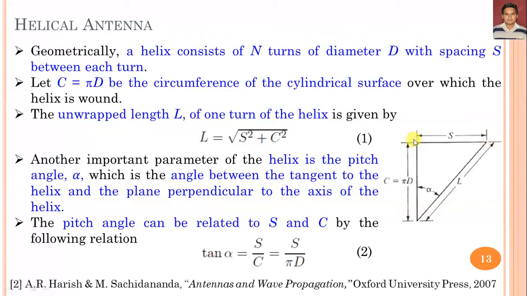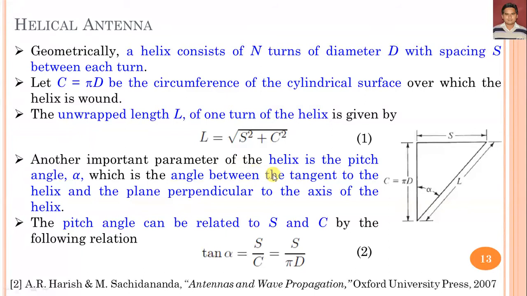Then we can calculate the value of length L by using simple trigonometric geometry: L square is equal to C square plus S square, or L equals root of S square plus C square. So we can say the unwrapped length L for a one-turn helix is calculated by expression 1.